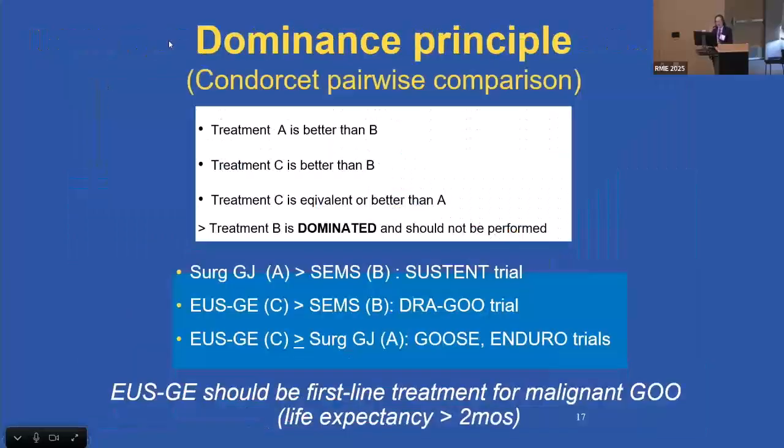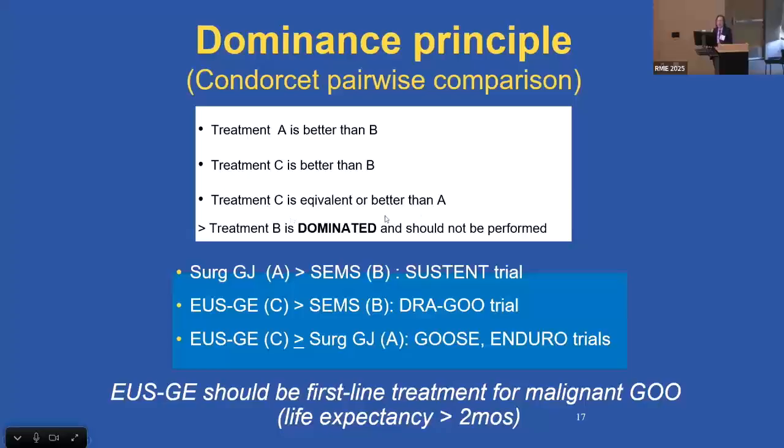So if we follow the dominance principle, this is called the corridor set pairwise comparison. Treatment A, surgical GJ, is better than B, SEMS. That's the Susten trial. Treatment C is better than B. That's the EUS-GE, better than SEMS, the DRAGU trial from Hong Kong, from Asia.